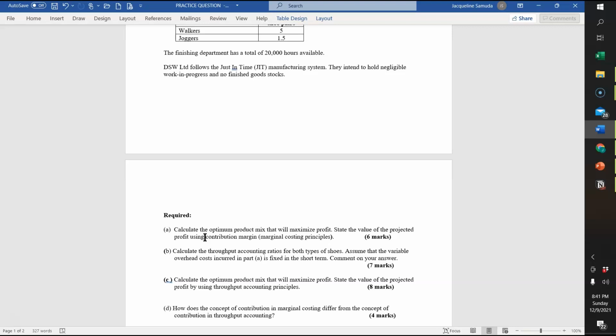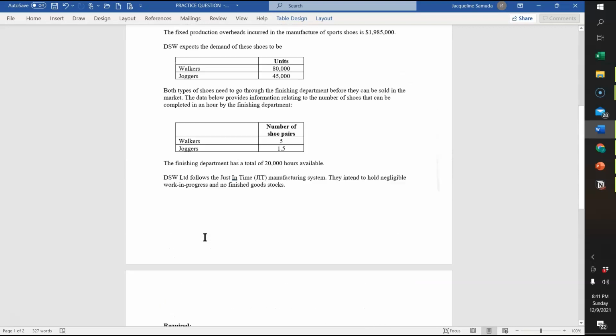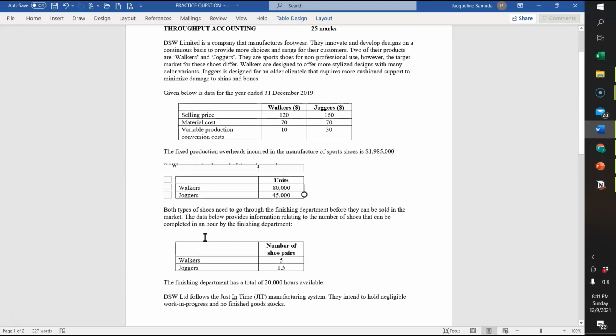Sales minus variable cost. So if we go back to the first table, if we're going to compute the contribution margin to answer part A, we're going to have to add the material cost and the variable production cost per unit. So that will be $80 for walkers, $100 for joggers.